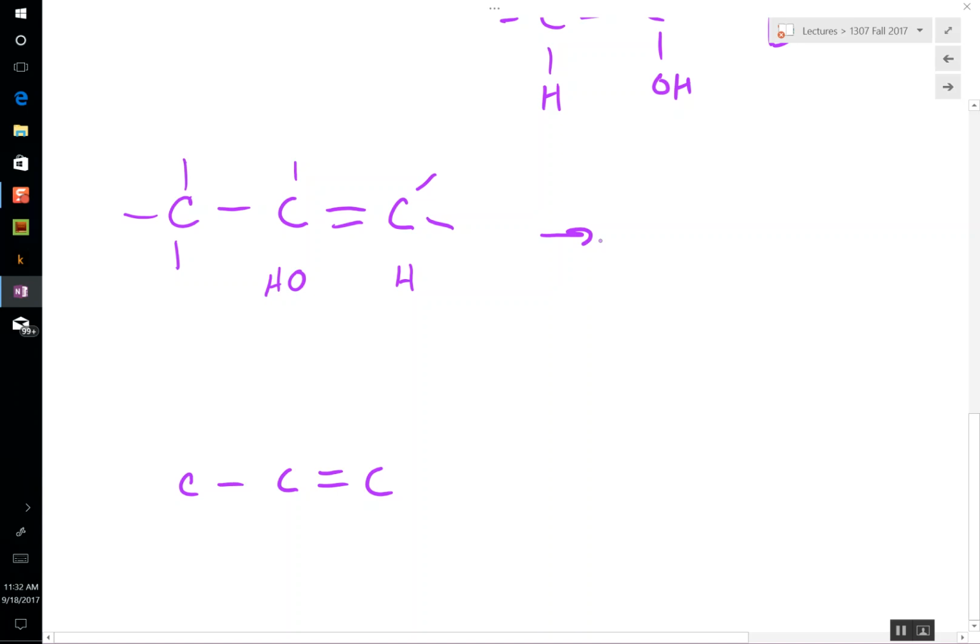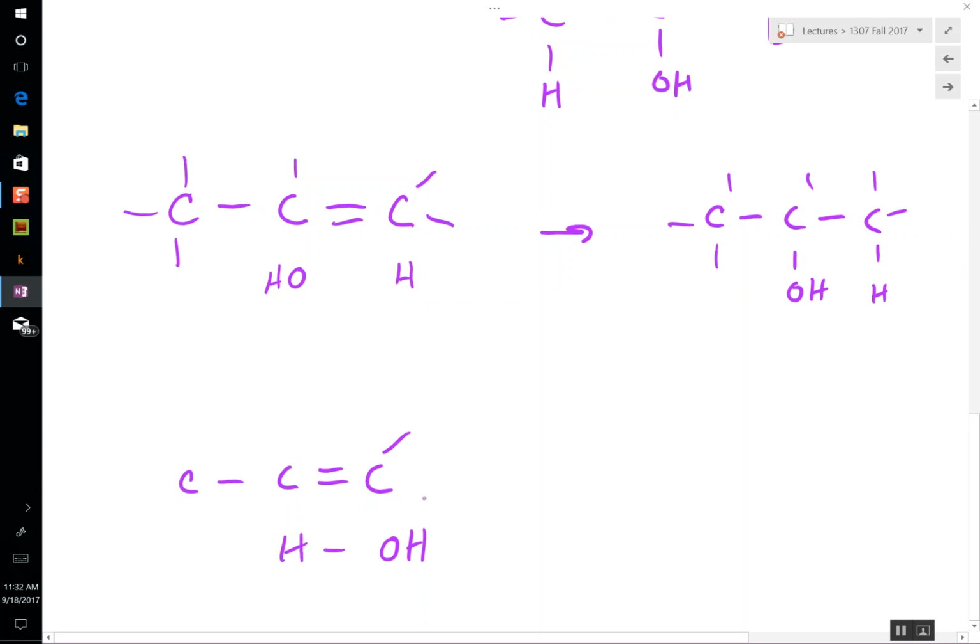You're going to break a bond right here, and you're going to get this product. And if the water molecule presented itself this way to the propene, what would you get? You would get the OH on the end. You see that? And the hydrogen in the middle.